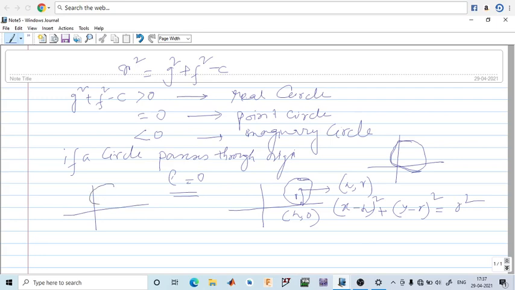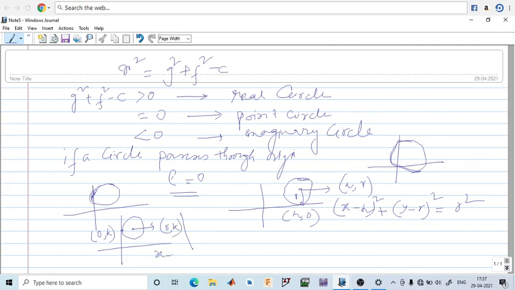If a circle touches the y-axis, suppose it is touching the y-axis, then let us consider this is (0, k), then the center will be (r, k).